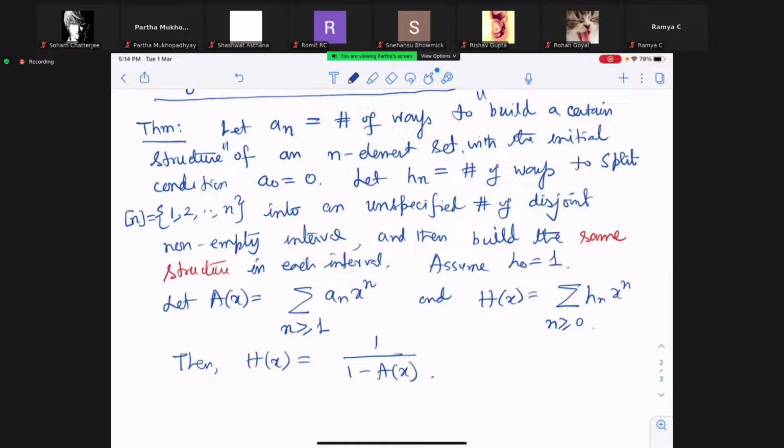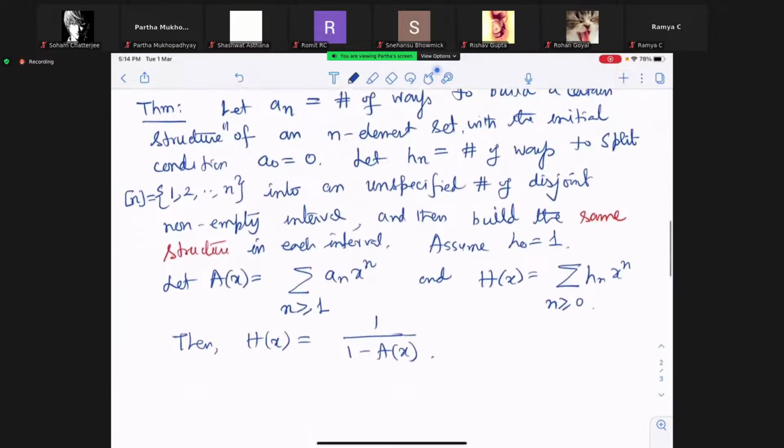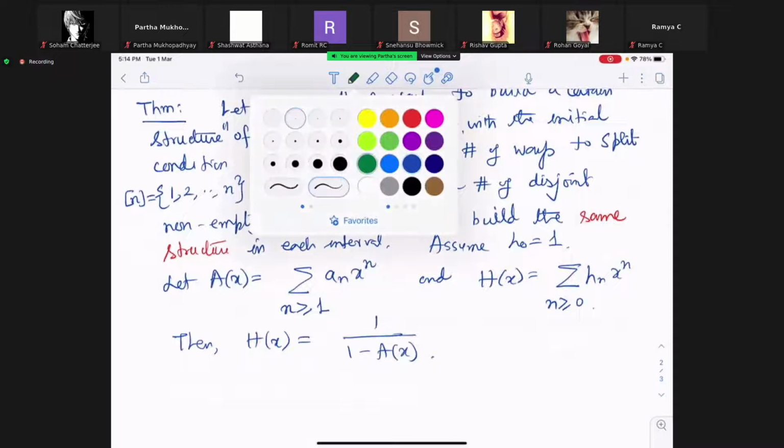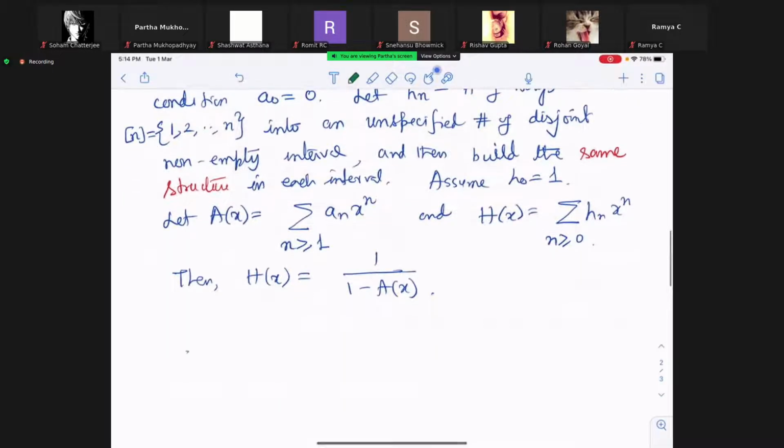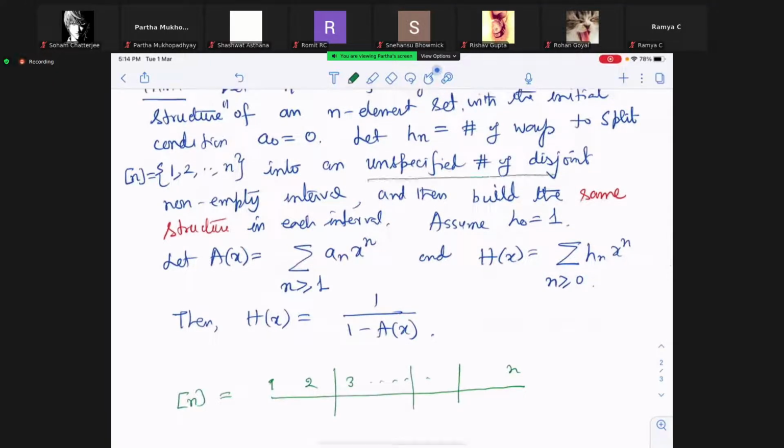So what the theorem is saying, I'll give you an example. It's not something difficult. So there is an interval 1 to n, and this interval you are splitting into any number, that's why I said unspecified number, of disjoint non-empty subintervals.